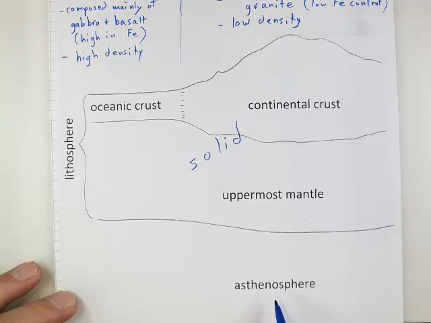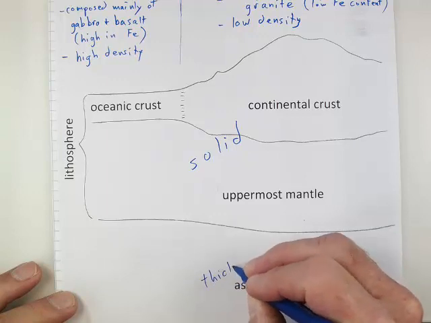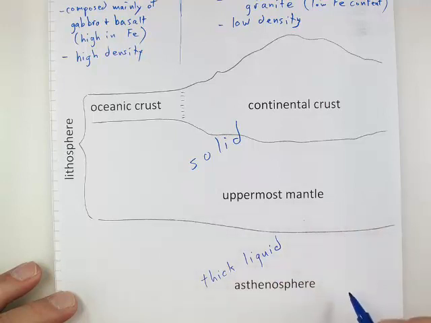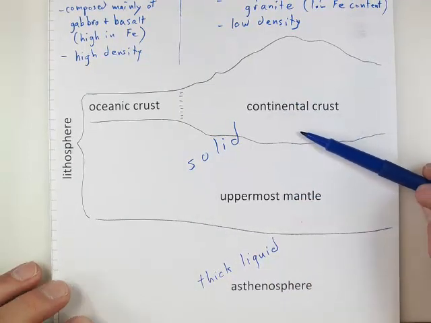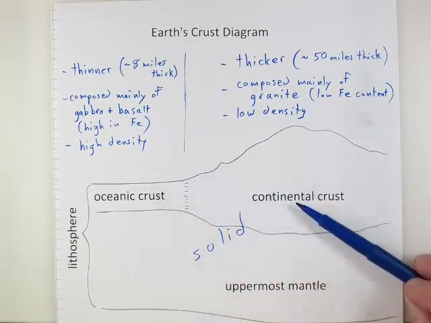I'm hoping you recall that the asthenosphere behaves as a liquid. It's a very thick liquid. So that brings us up to date on topics we've discussed, with the focus up here on the different types of crust.